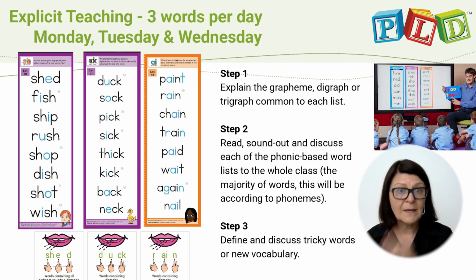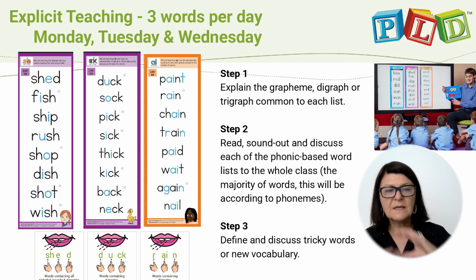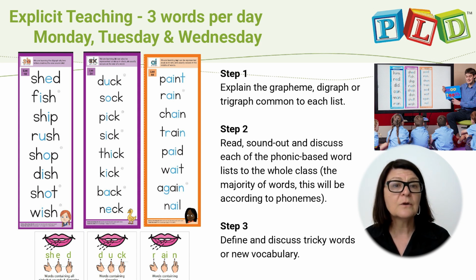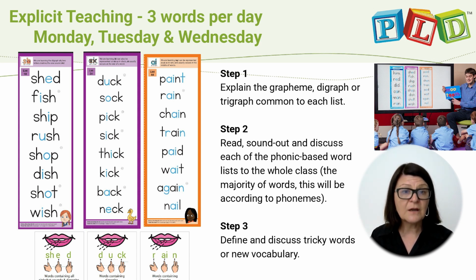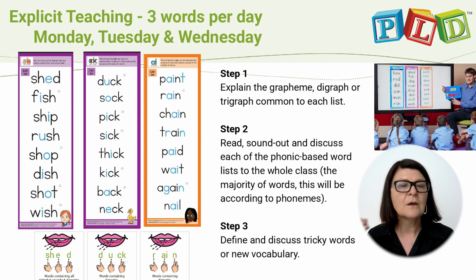You then have Monday, Tuesday, Wednesday, 3 lists. PLD is not really a fan of streaming students or rotating groups, so there's whole class instruction at 3 levels where you're going to explain the grapheme, the digraph, the trigraph. It could be a syllable unit, it could be a morpheme unit, common to the list.